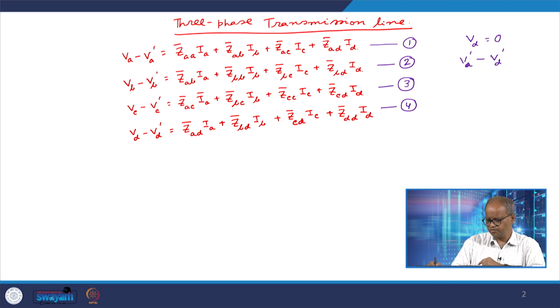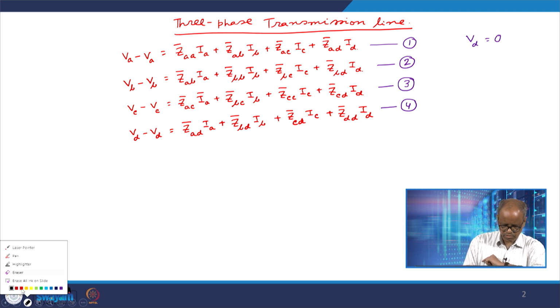So I can say that VA dash minus VD dash is equal to 0, but this is not the correct way of writing. The notations are a little wrong here, so I should correct them.